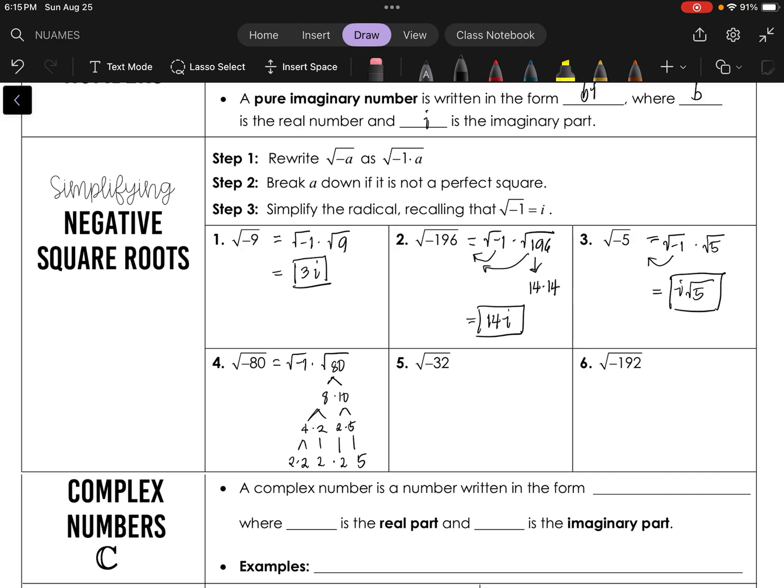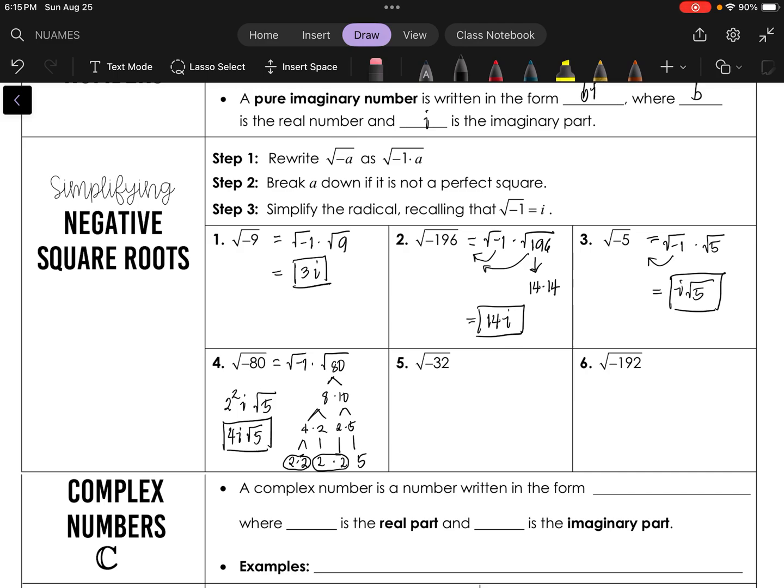Since this is a square root, you know that you could extract groups of 2. You want to ask yourself, how many groups of 2 can you extract? So I have 1 pair, 2 pairs, which means I'll be ending up with 2 squared, or 4, outside the radical sign. I extracted i, and I have a leftover of 5 inside the radical sign, which means my final answer would be 4i square root of 5.